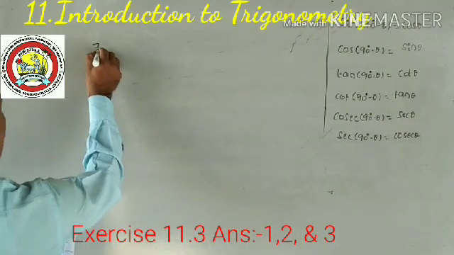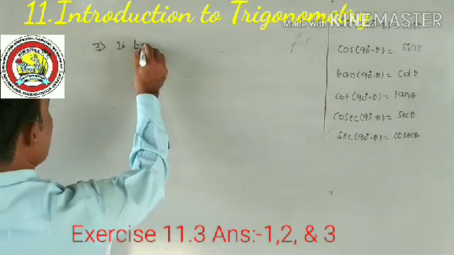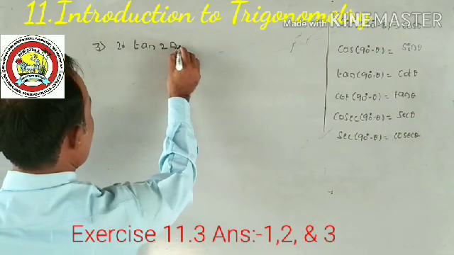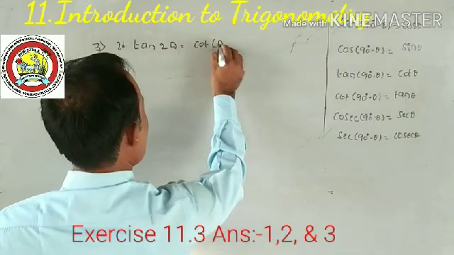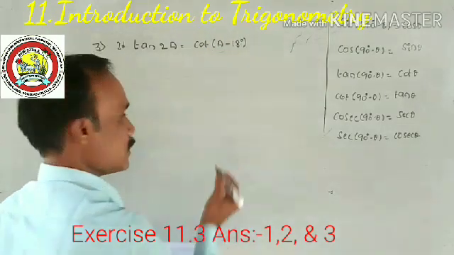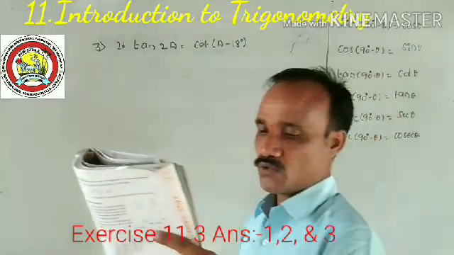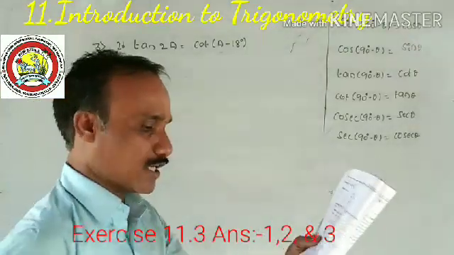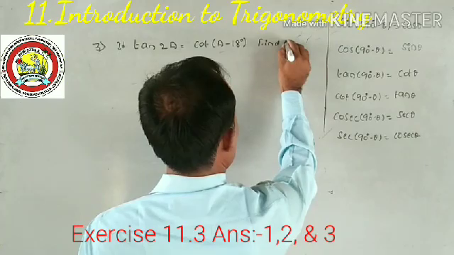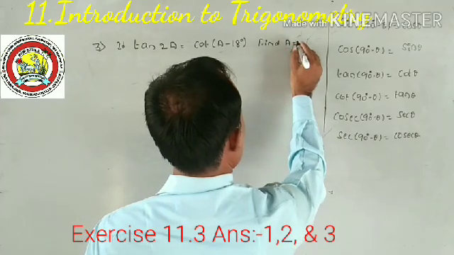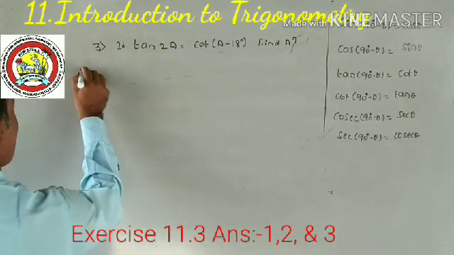If tan 2a is equal to cot of a minus 18 degrees, where 2a is an acute angle, find the value of angle a. So this one you have to calculate as the solution.